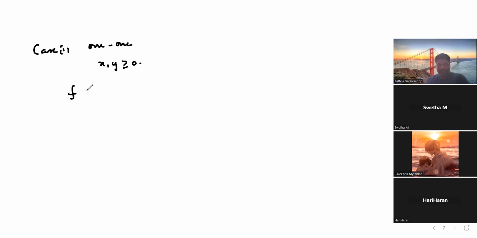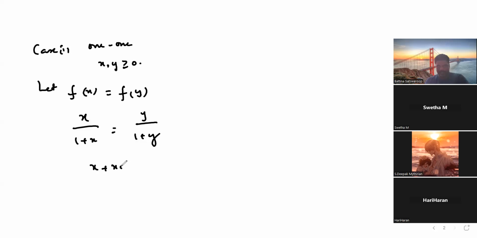Let f of x equal f of y. So x by 1 plus x equals y by 1 plus y. So x plus xy equals y plus xy. I will get x equal to y. Correct? Yes, sir. In the first case, I am able to show that it is 1 to 1. Right?